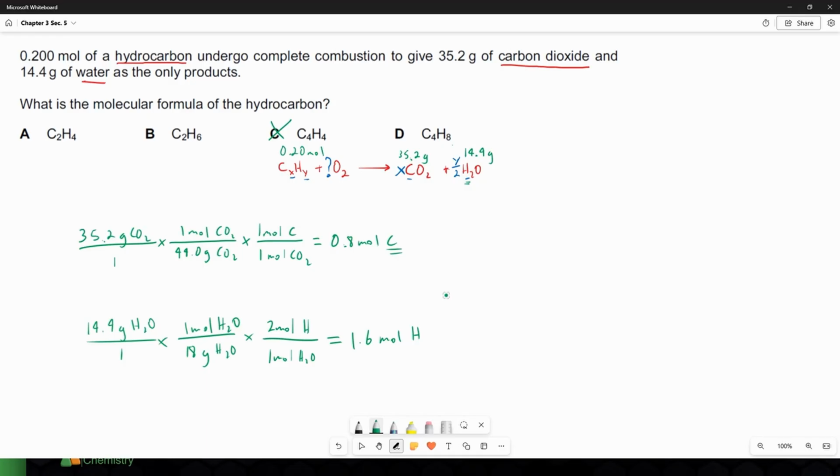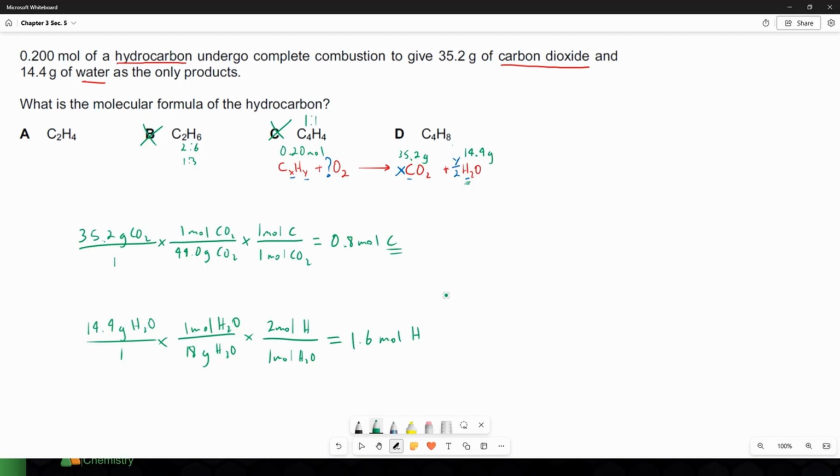It could be A, because it has a 1-to-2 ratio. But it couldn't be B either, because the ratio is 2-to-6 or a 1-to-3 ratio here. Again, this is a 1-to-1 ratio. So just by getting this far, we can actually eliminate B and C. So even if you just got this far, you just made your chances from 1 in 4 to 1 in 2, a 50% chance of getting the right answer.